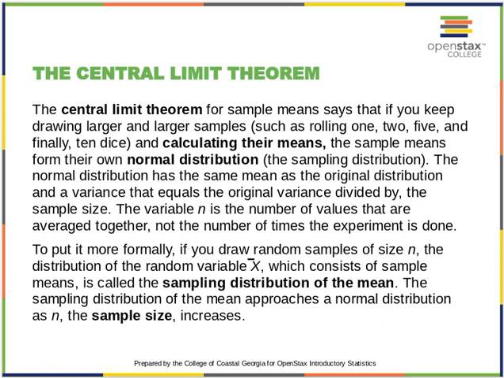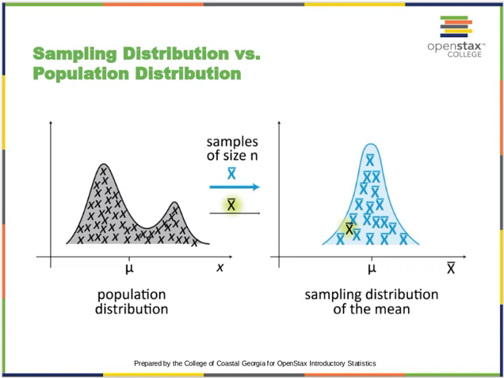So what this really means in practice is something like this, and this will demonstrate the power of the central limit theorem. If we have a population distribution, and we know it is bimodal shaped, it's not normally distributed. But this is a single sample.